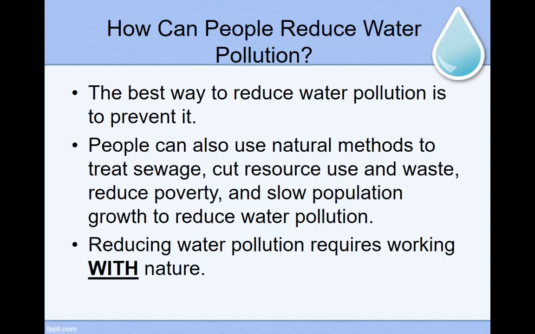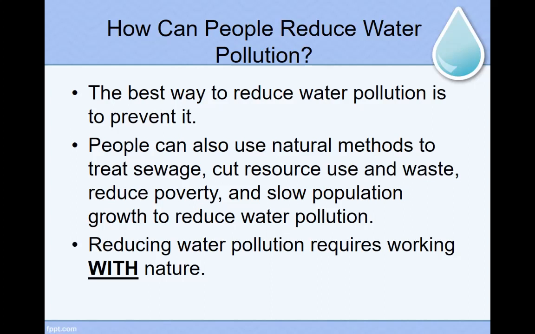People can use natural methods to treat sewage, to cut resource use, to reduce poverty, to slow population growth. These are all good things to help reduce water pollution. But reducing water pollution requires working with nature, because our planet has its own water treatment facilities, its own ability to purify and clean the water in the water cycle.